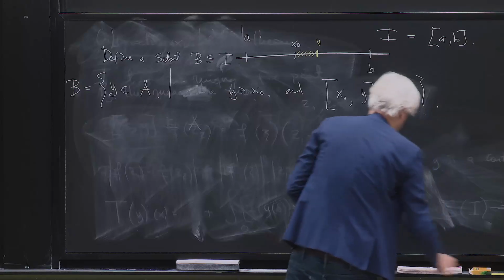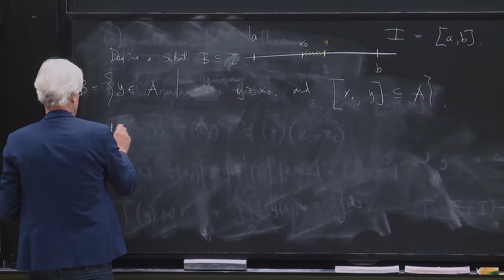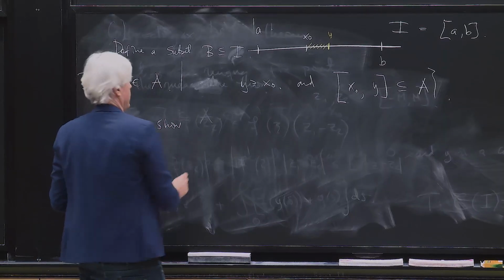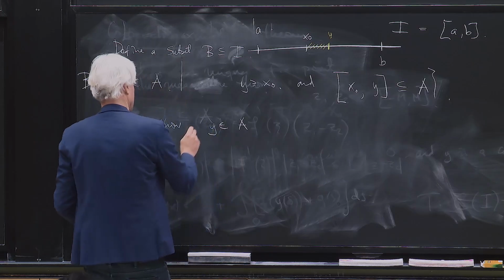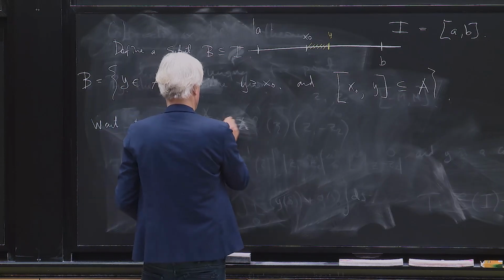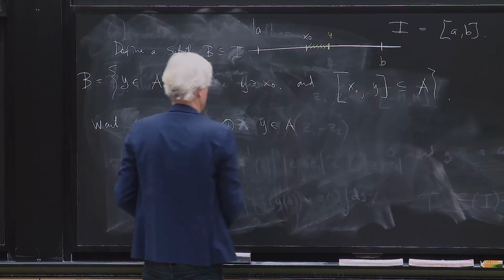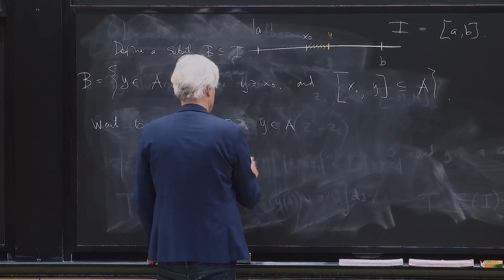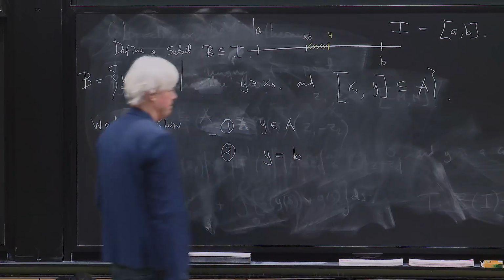And what I want to show is that y is in A, and this is the first thing I want to show. One is that y is in A, and then the second thing I want to show is that y is equal to B.